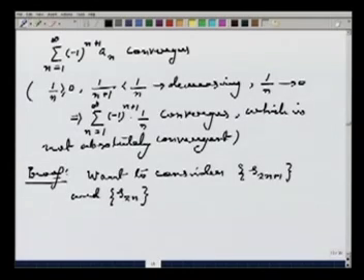Okay, so what are the definitions? Very simple. Usually S_m means summation n from 1 to m, minus 1 to the power n plus 1 into a_n.